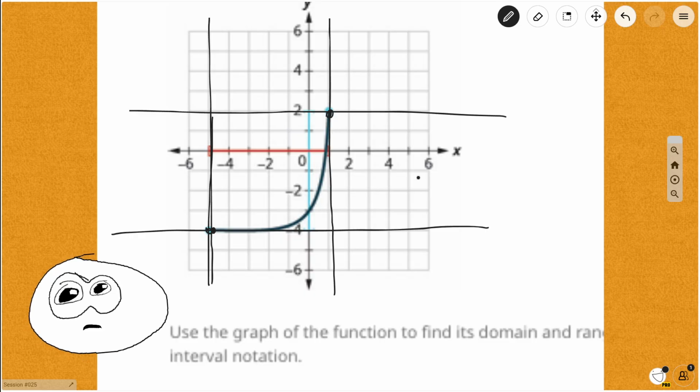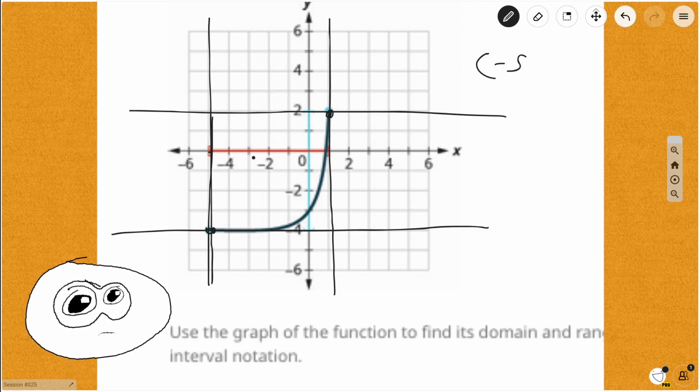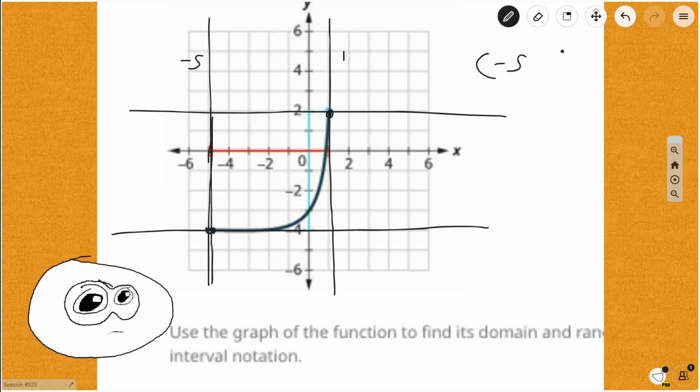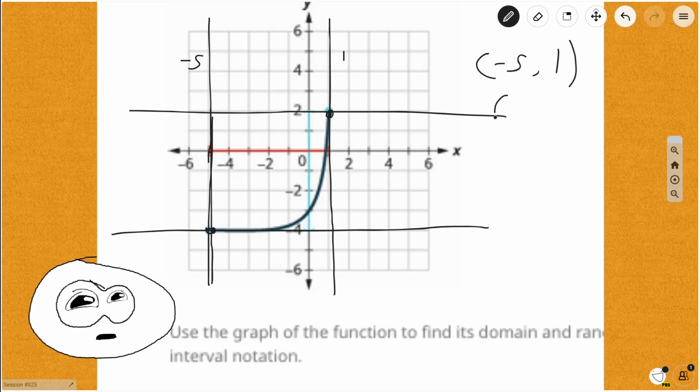So then for here, the domain would be, let's see, x is all the way over here, so counting down, -5, because this is the line here. So this line's -5, and here this line's 1. Cool. But then for y, it's a little bit different.